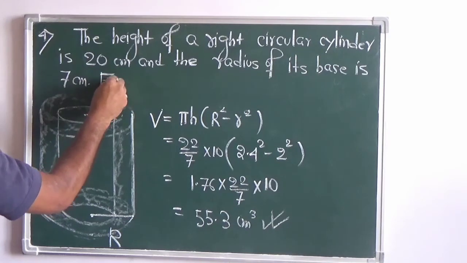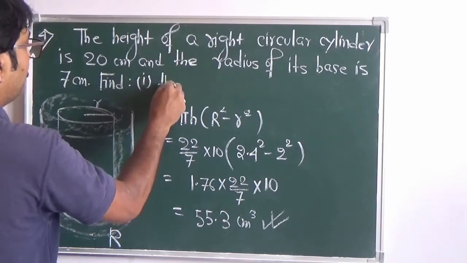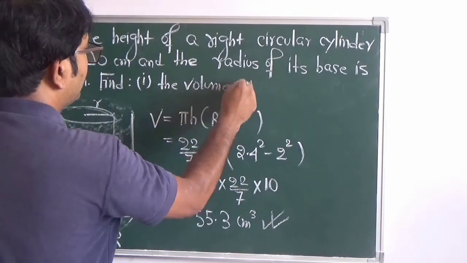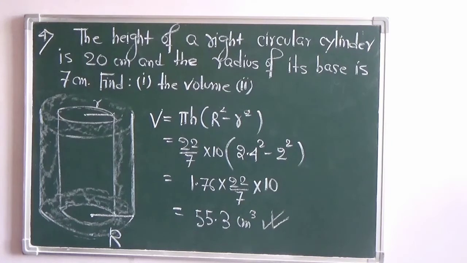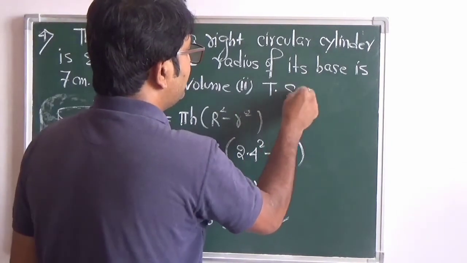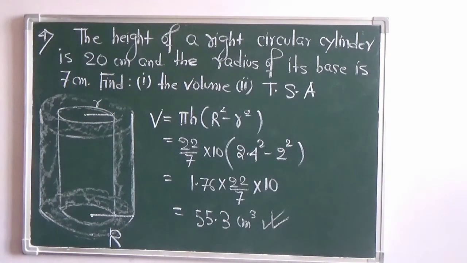Find number 1, the volume, and number 2, the total surface area. TSA represents total surface area.